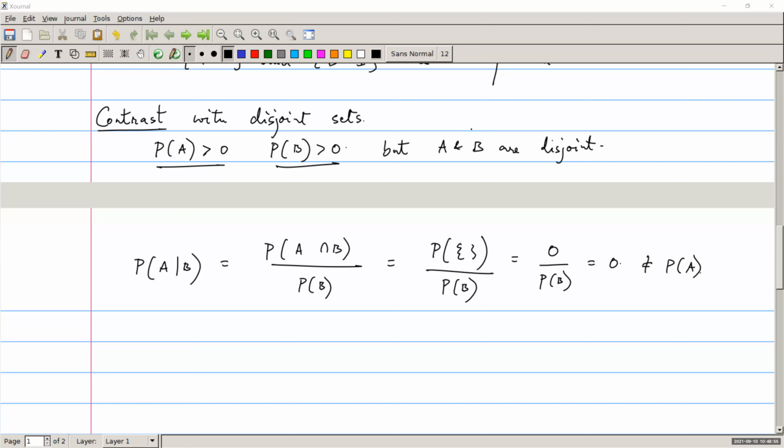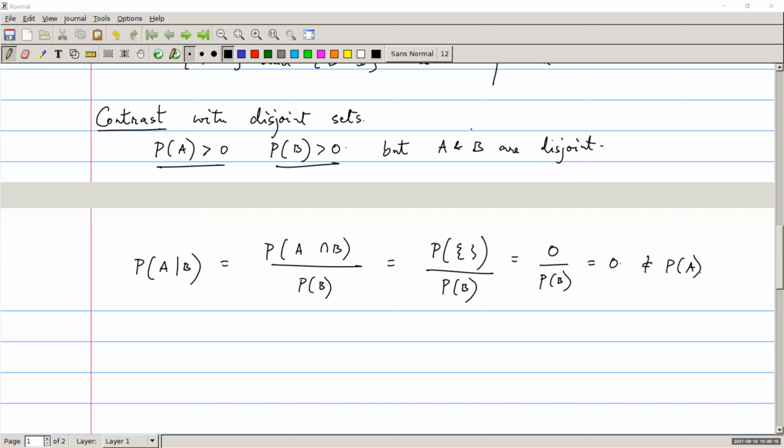And intuitively, why is that so? If A and B are disjoint, and I tell you B has happened, that means that A has not happened, right? Because they are disjoint, if B has happened, A could not have happened.